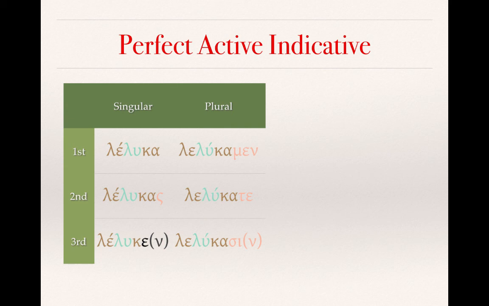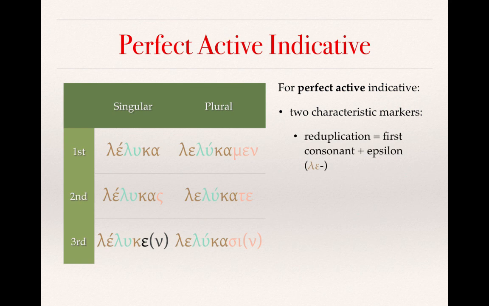Again, as has been the case with previous lectures on different verb forms, there's a few more notes about the perfect active indicative. First of all, you'll see, based on the brown font, that there are 2 characteristic markers. First of all, there is reduplication, which is when the first consonant and an epsilon are added to the verb stem.